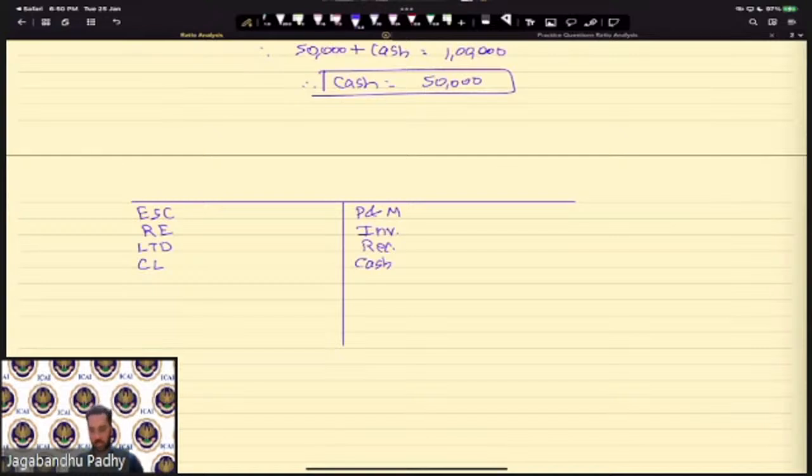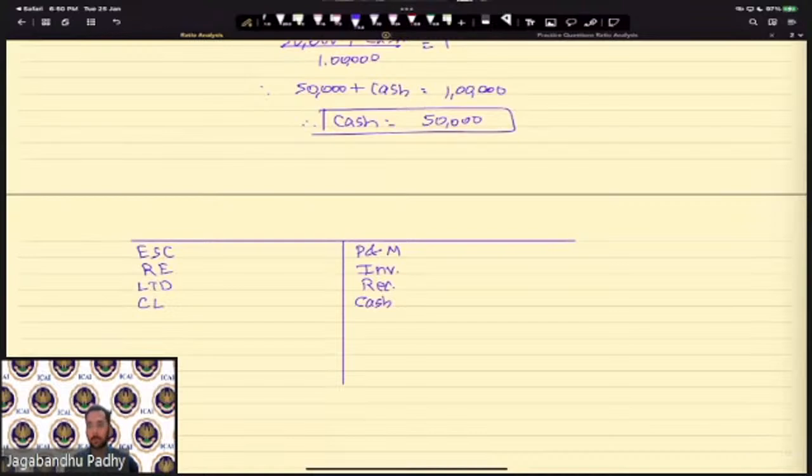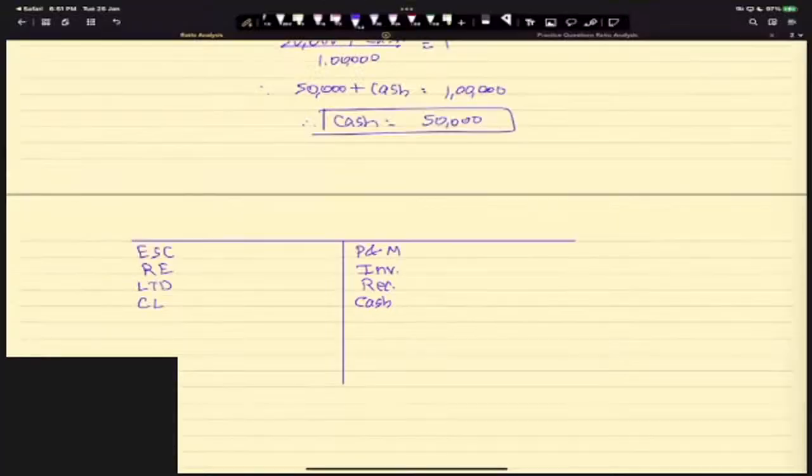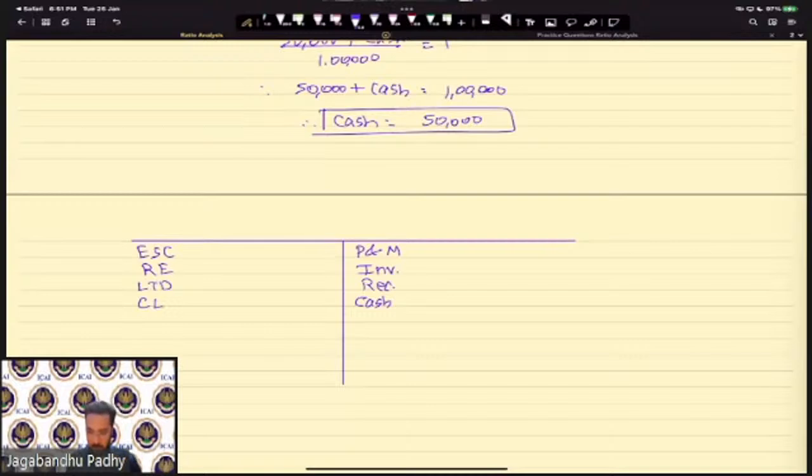Okay, so let's fill these values, guys. We have got cash that we observe over here, 50,000.